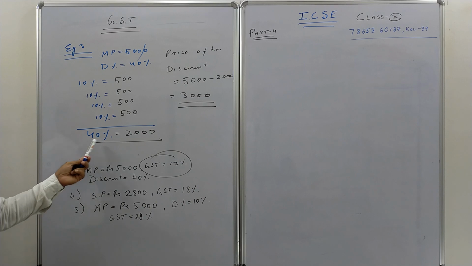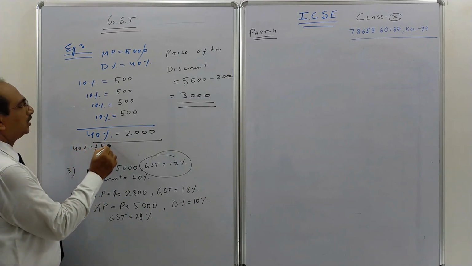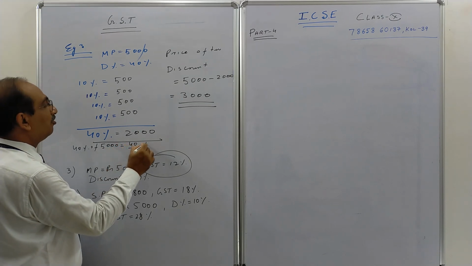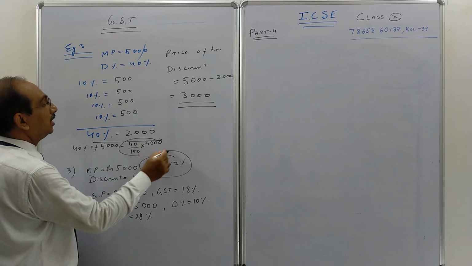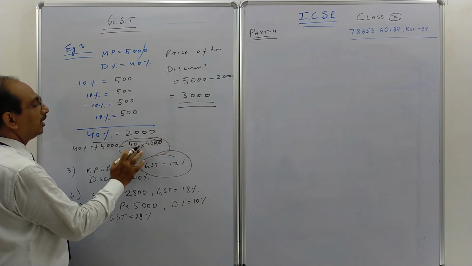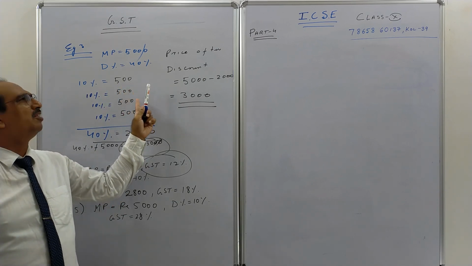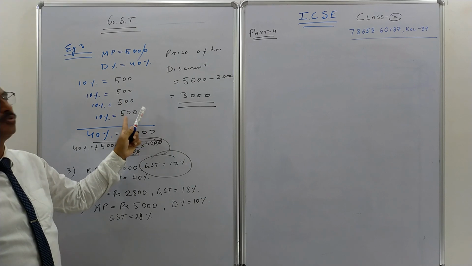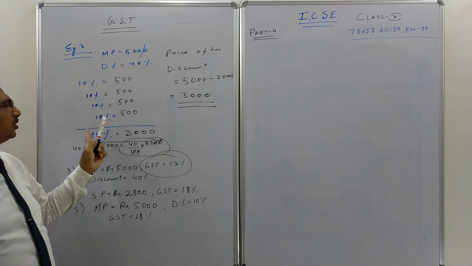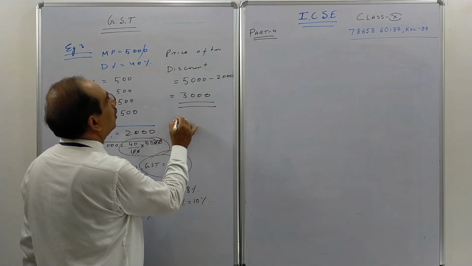Discount of 40% will be 40% of 5,000. Traditional method is 40 by 100 into 5,000. But children, this is the traditional method. Same answer you will get, but here I am telling you this you will do mentally. 40% is 500 into 4. You don't have to write, do it mentally. 10% is 500, 10 4s are 40, 500 4s are 2,000. Now we apply the next part, 12%.